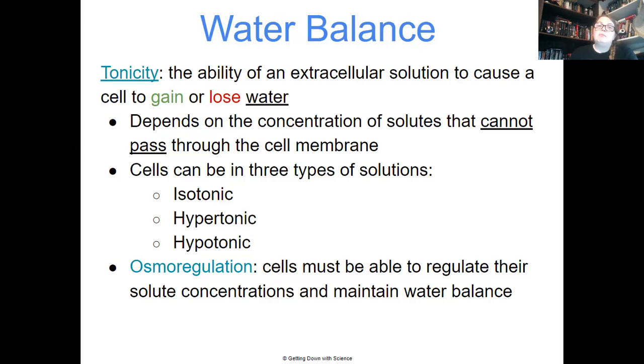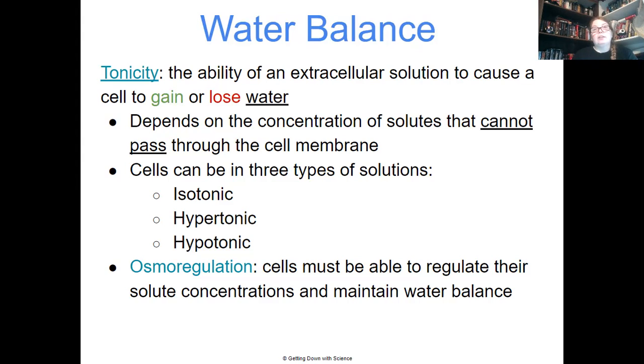So it has more of the solute on the outside of the cell than on the inside. And hypotonic, if something's hypoallergenic, it has less of a substance that will cause allergies, so it has less solute if it's hypotonic. Okay, so take a second and get that sketched out. There's going to be more details on the following slides. I just wanted us to get this working definition as we move forward.